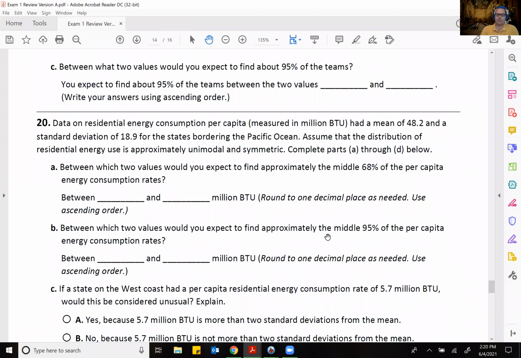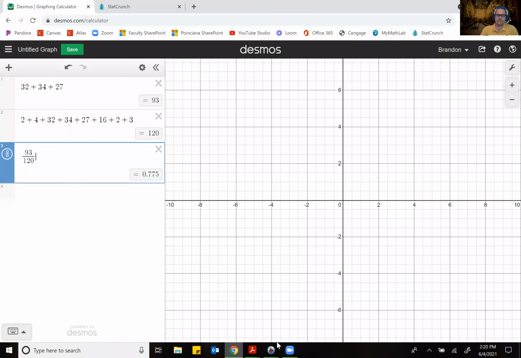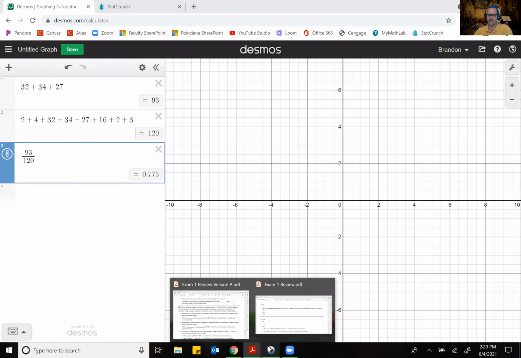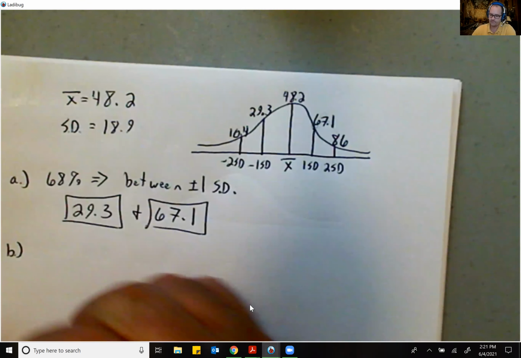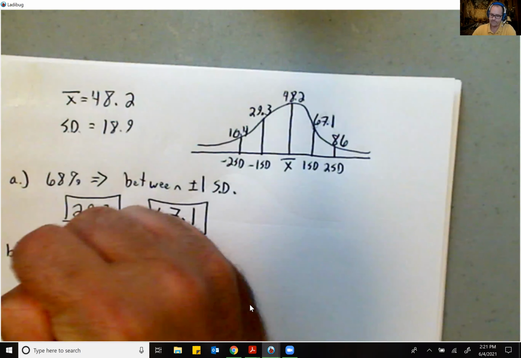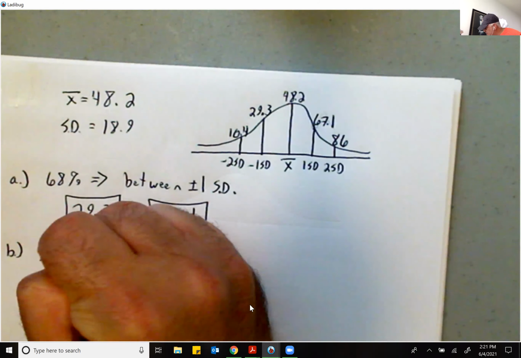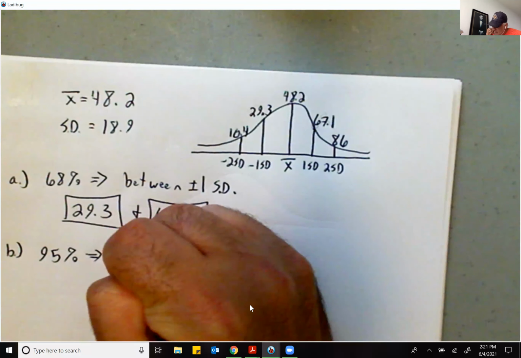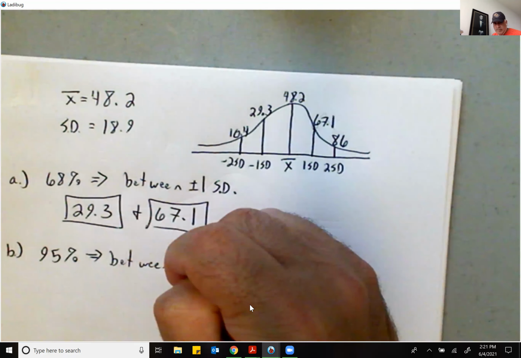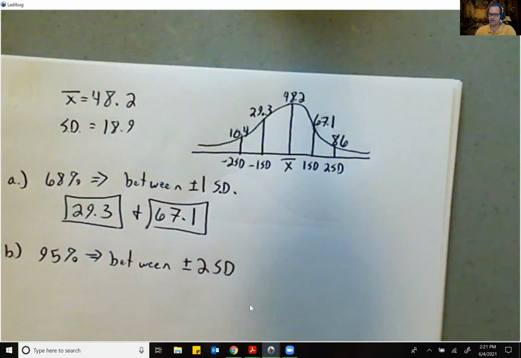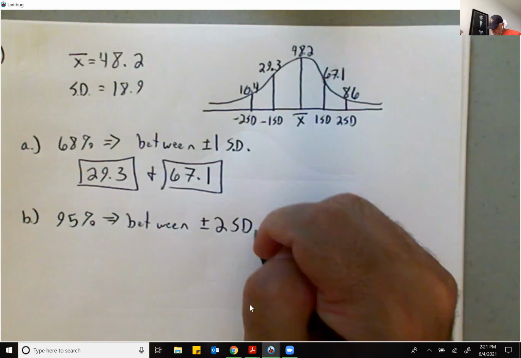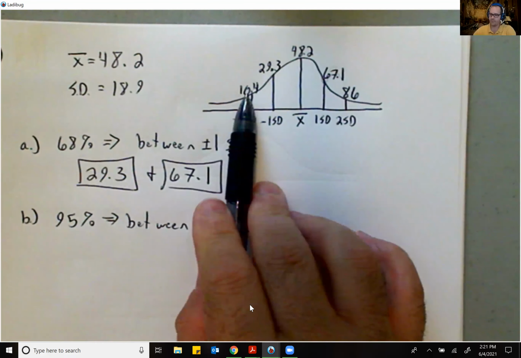Part B says, where would we find 95% of our data? This is just like what we just did a moment ago. Where is 95% of our data? 10.4 and 86. Okay, because it's between 2 standard deviations. So that would be 10.4.